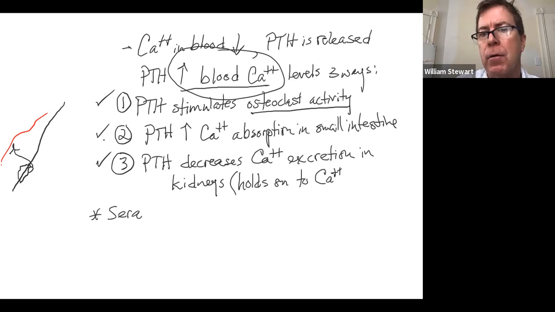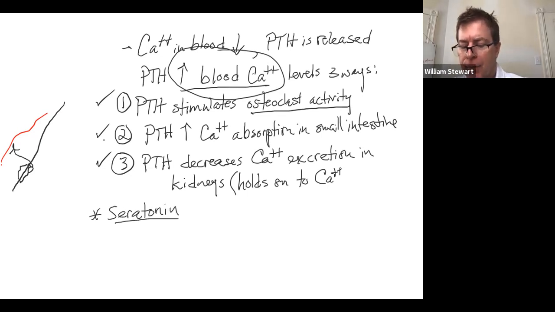This hormone, called serotonin, is a hormone that regulates sometimes our sleep cycles as well as our mood. When we eat, serotonin is secreted into the blood and then into our bones, where it interferes with osteoblast activity.